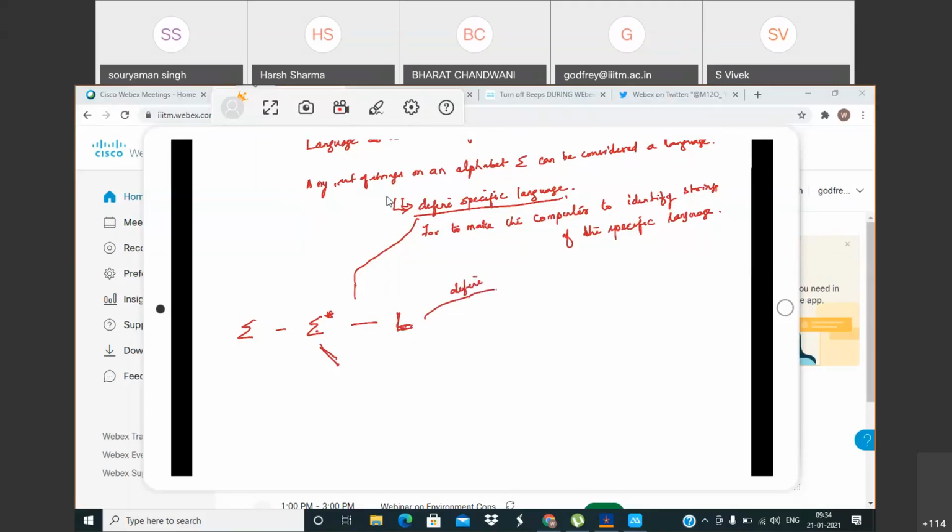Why do I want to define languages? So that I am able to make the computer identify strings of a specific language. That is the ultimate goal.